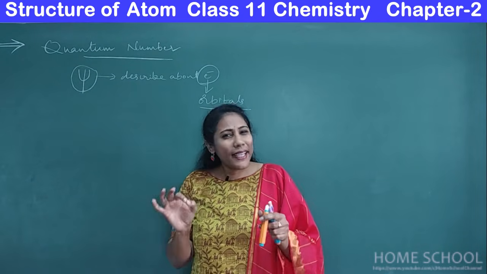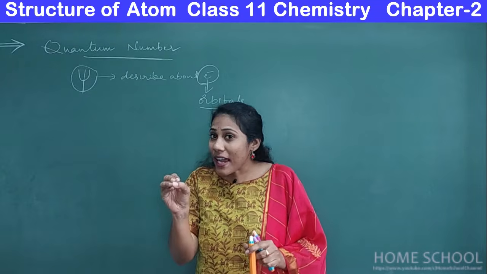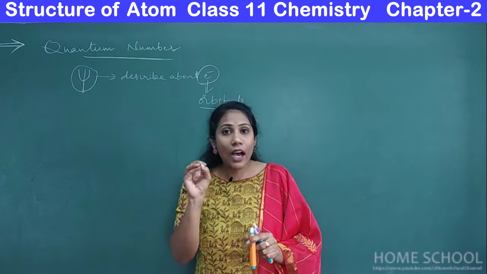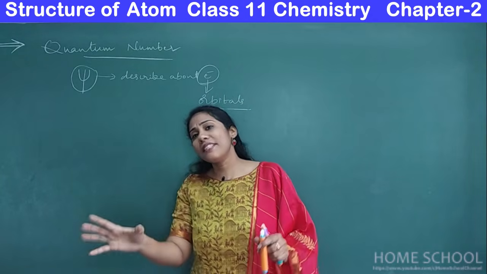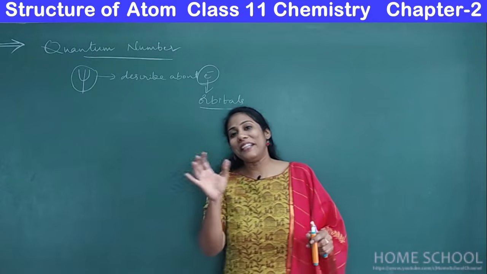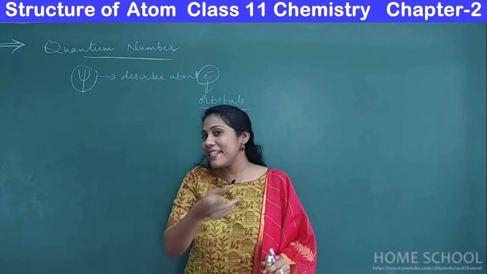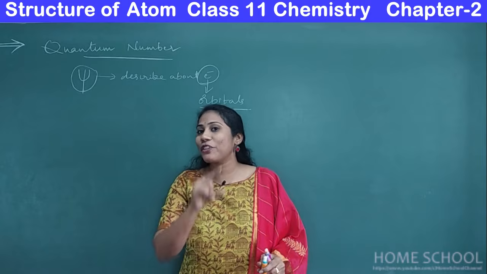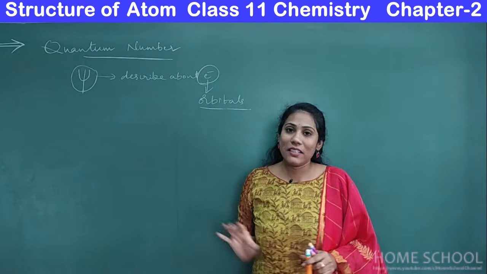So what exactly do we mean by these orbitals? It is just a space around the nucleus where we have maximum probability of finding an electron. I have explained this sentence very beautifully in my previous video. Just go and watch it. You will get complete clarity on orbitals.